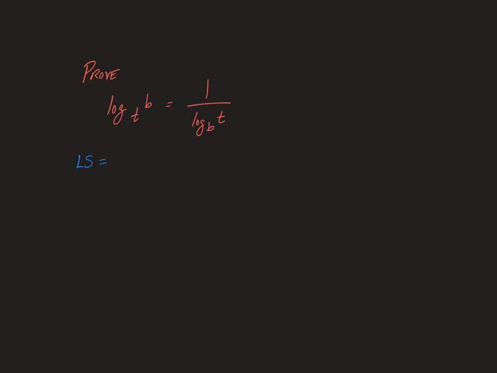Well, I know that I can break apart any log into log of the result divided by log of the base. But I don't know if that's going to help me so much right now. I have to somehow try to take log b divided by log t and change it into 1 over log t from base b.